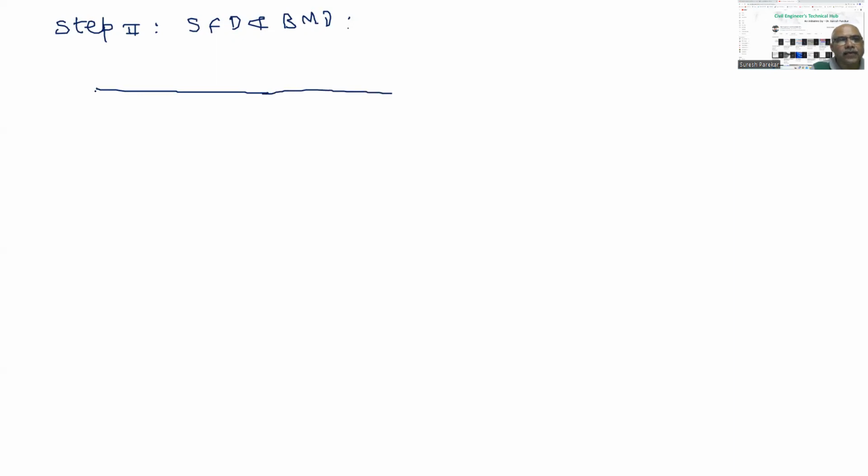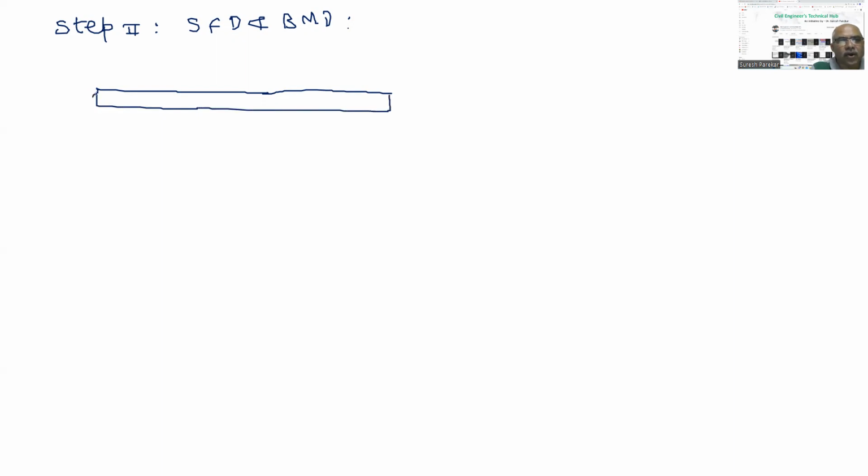Then the next step is SFD and BFD. So we have step 2, SFD, BFD. If I draw the diagram of loading, we have loading in this fashion.